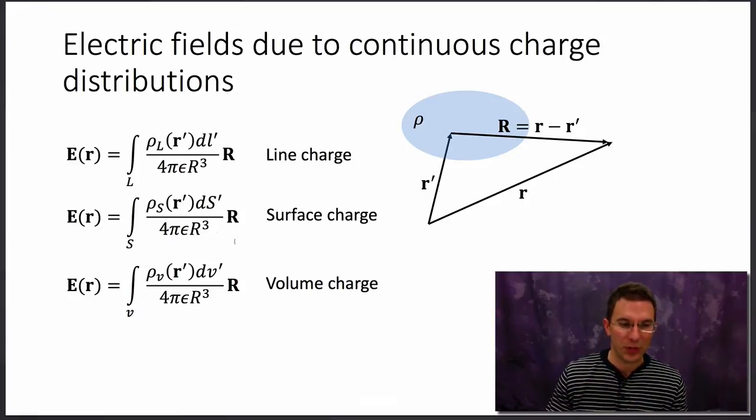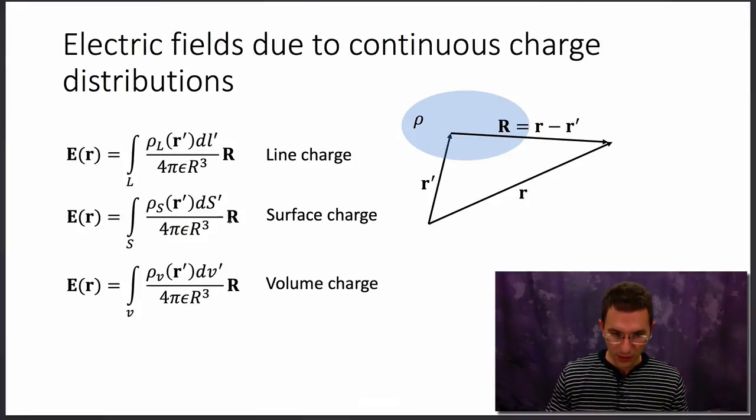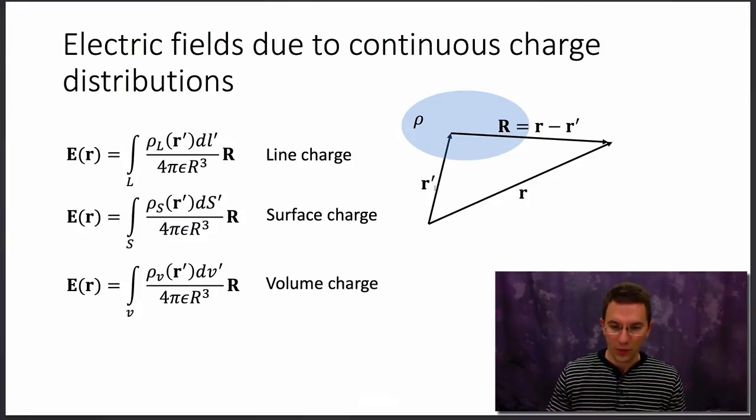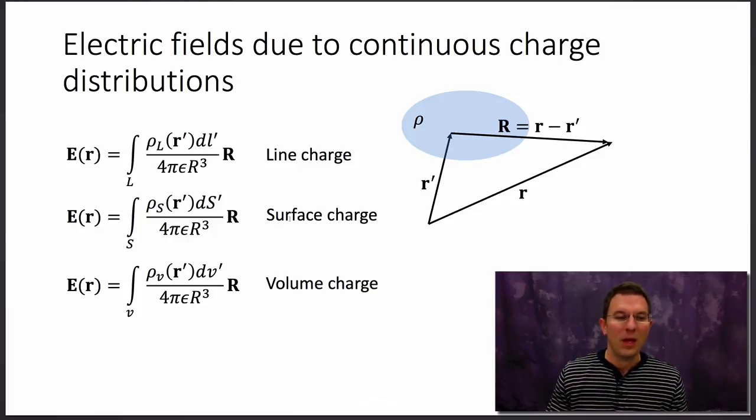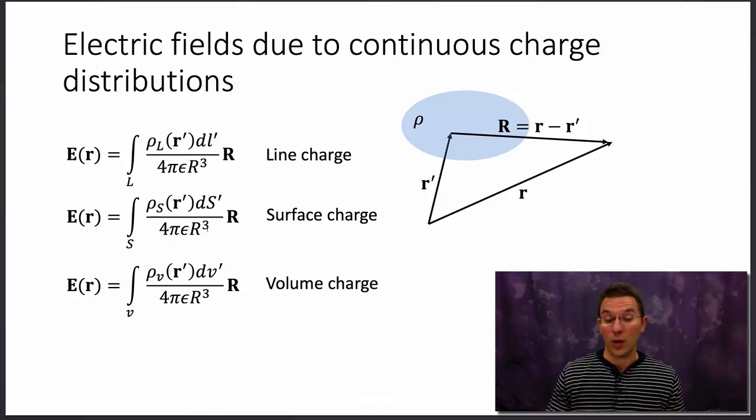That's what this expression is saying. See, this vector R points from wherever we are on the surface, the point at which we're integrating, to the observation point. And it falls off again as 1 over the magnitude squared. It looks like 1 over the magnitude cubed here, but remember, this is not a unit vector. So if we made this into a unit vector, we would have 1 over R squared there in the bottom.